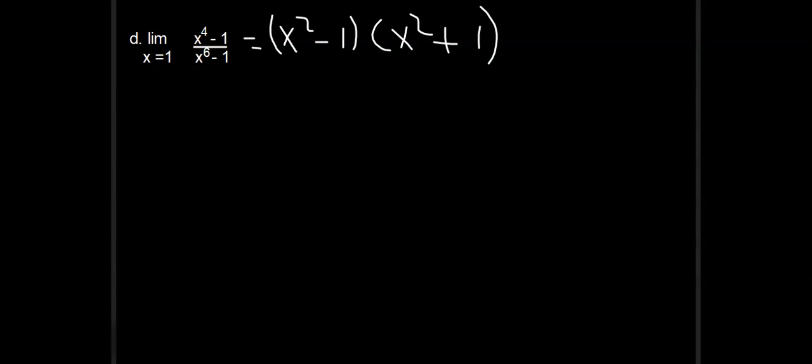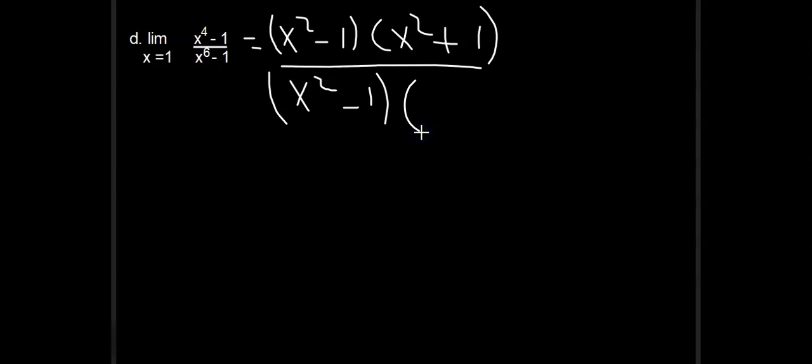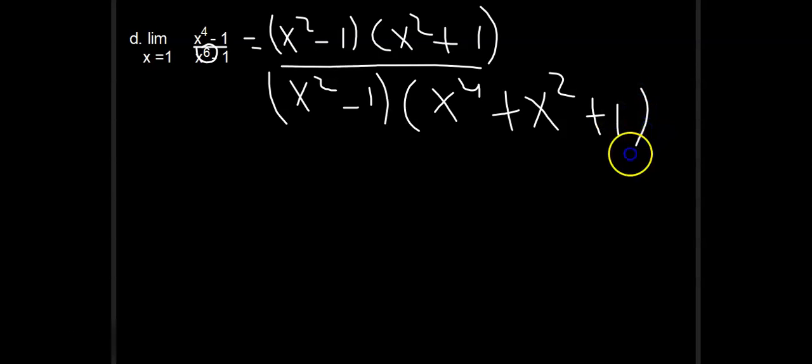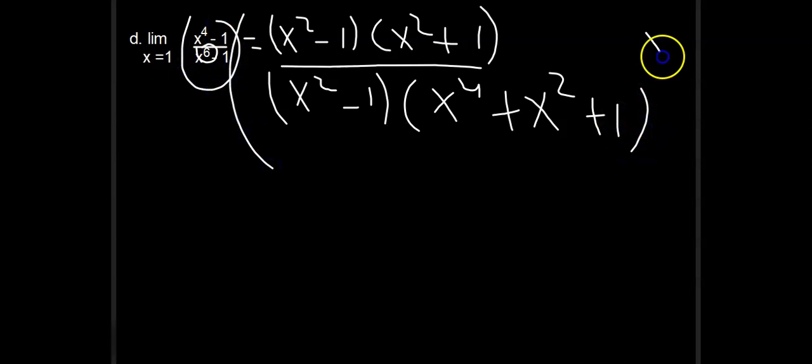And the denominator, x^6 - 1, is also the same as (x^2 - 1) times (x^4 + x^2 + 1), since we have the exponent 6.